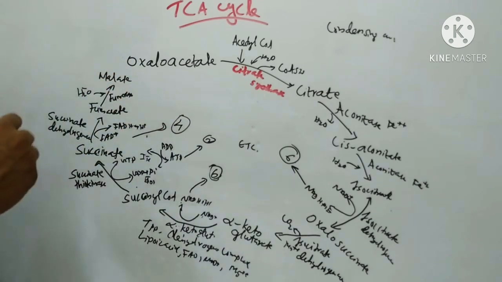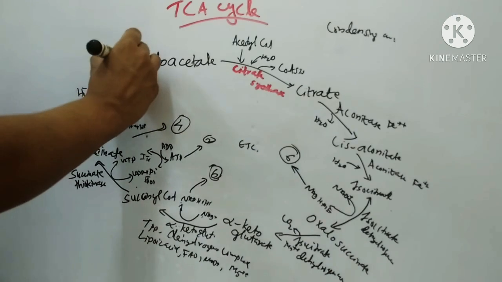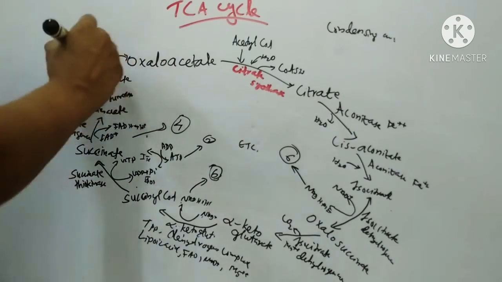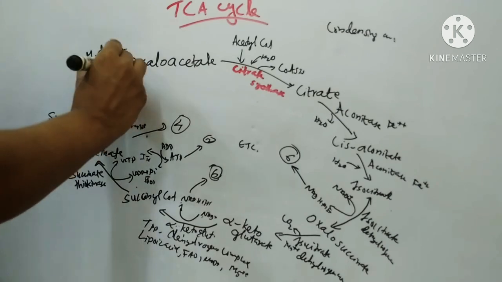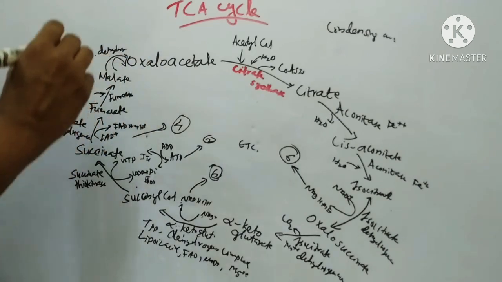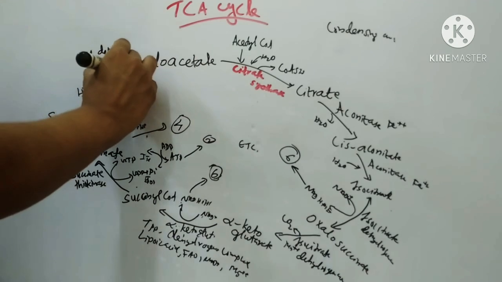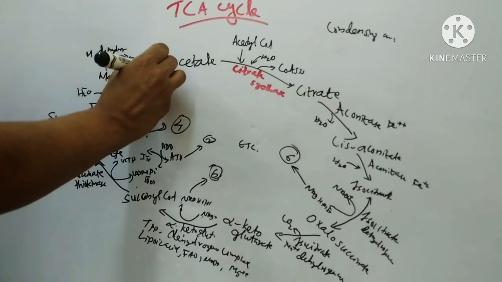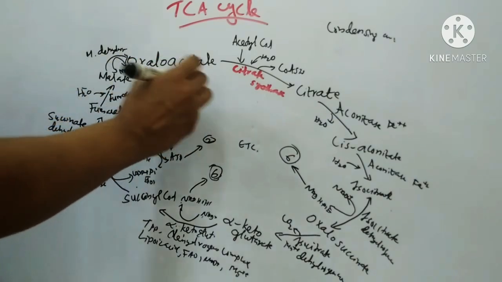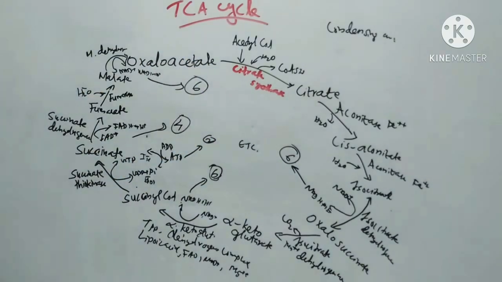Then malate is converted into oxaloacetate by the enzyme malate dehydrogenase. Here also NAD plus goes to NADH plus H plus. So from 2 molecules of NADH it gives 6 ATP molecules.